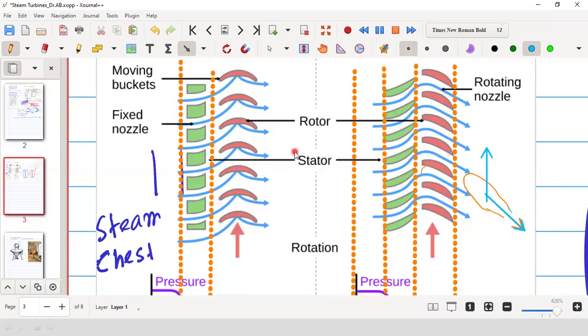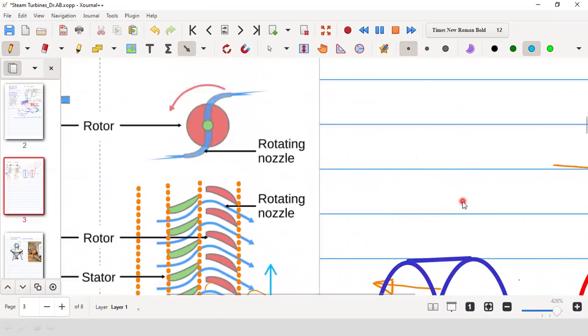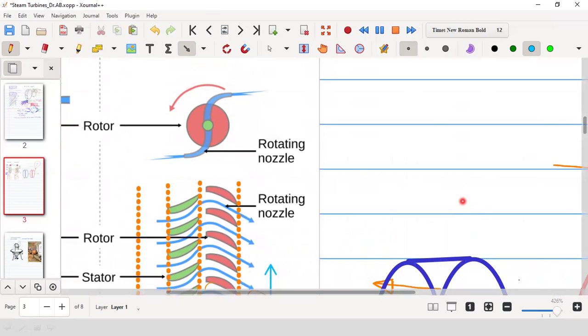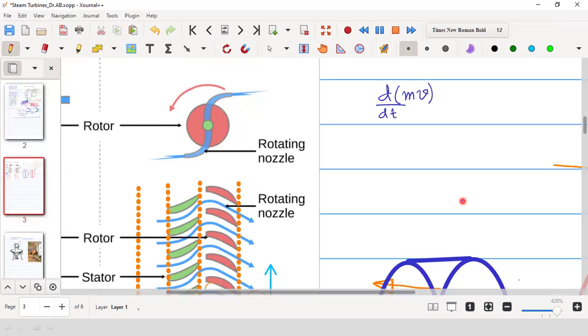So that is impulse. According to the impulse momentum principle, if I write it mathematically, it will be clear to you. It is another version of Newton's second law. We know d/dt of mv, that is the rate of change of momentum.